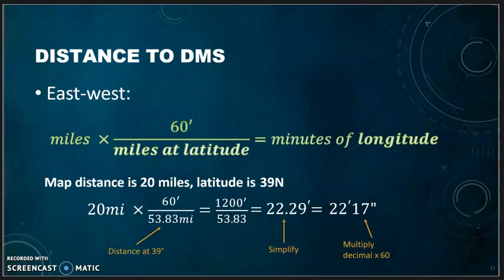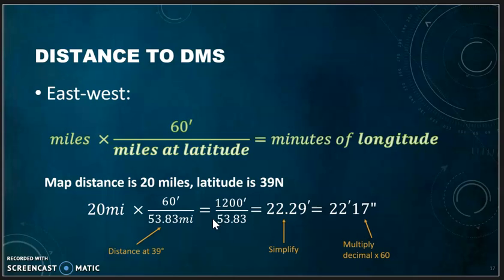Now let's do distance to degrees, minutes, and seconds going east and west, or longitude. It's a really similar formula, but there are a few differences. We have our miles multiplied by 60 minutes divided by the miles at latitude, and that gives us our minutes of longitude. Again, that map distance is 20 miles times 60 minutes divided by 53.83, which is what we just got in our previous equation.